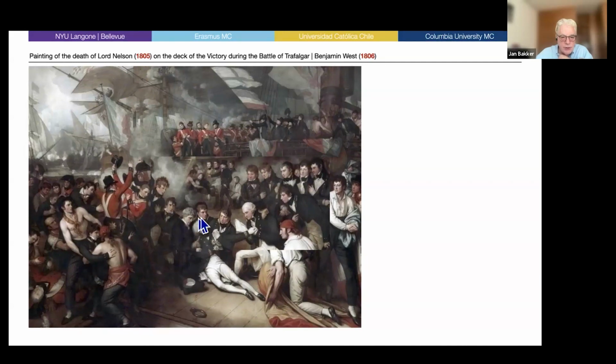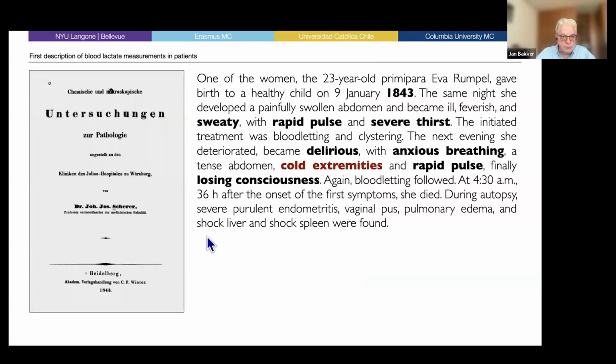And when you look at the others, there was this red blush. Everyone had some red blush on their face, except for the dying Lord Nelson. So already centuries ago, they recognized that if you were in a terrible condition, you would have a pale face.